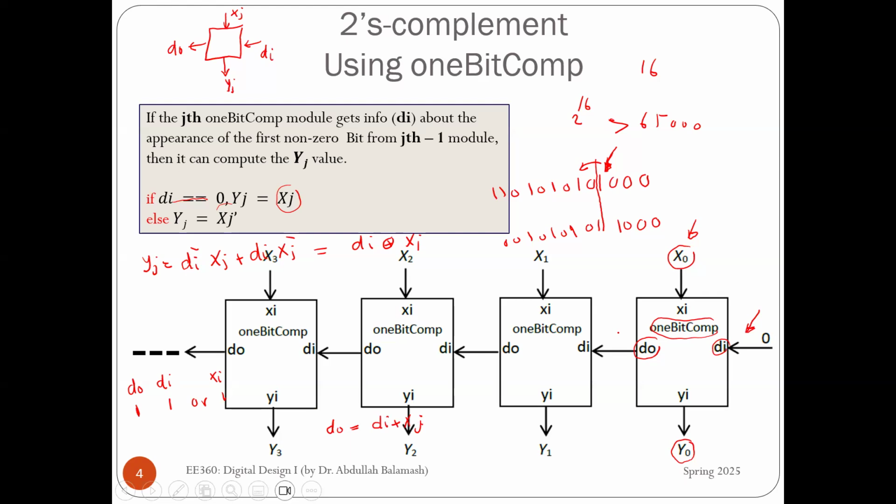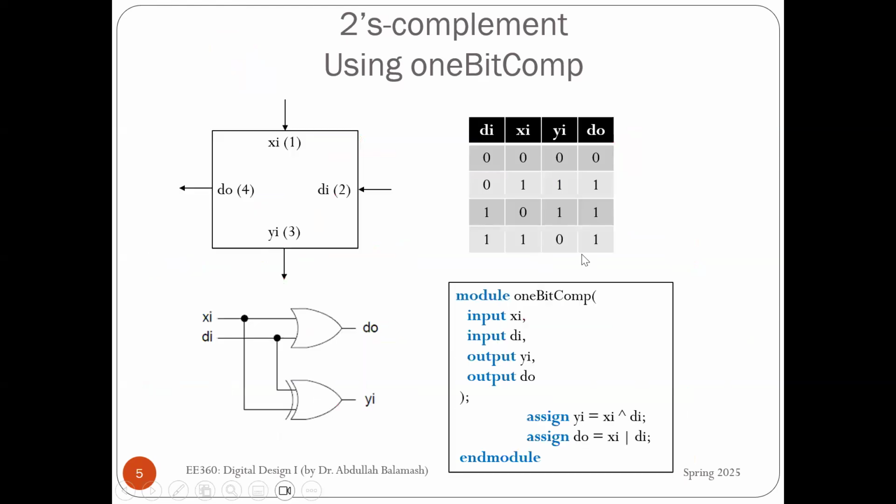Okay, and we can see the complete truth table for that. Let us see it. This is a complete truth table. This is the DI, XI. You have 4 different combinations, and this is YI. This is DO. As we said, for YI, if DI is 0, that means the first non-zero did not appear yet, so the YI will be the same as the XI. If it is 1, that means the first non-zero already appeared, so the YI will be the opposite of XI.